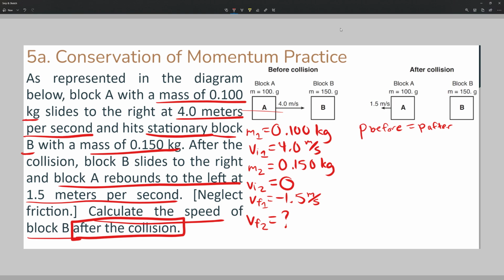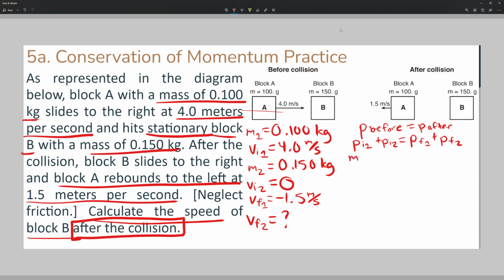Let's go back to the formula. Your total momentum before these two objects collide is equal to your total momentum after. So the initial momentum of object 1 plus the initial momentum of object 2 is equal to the final momentum of object 1 and the final momentum of object 2.